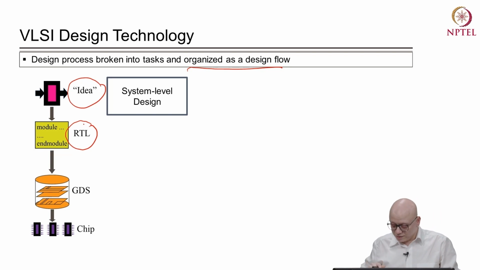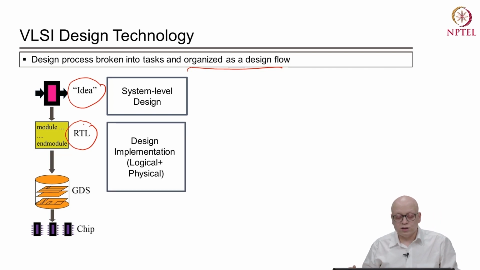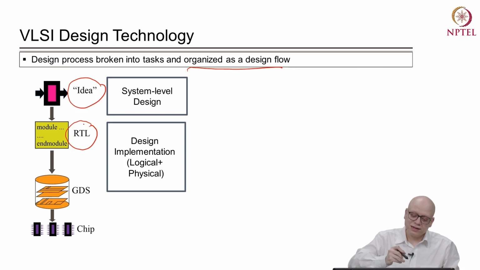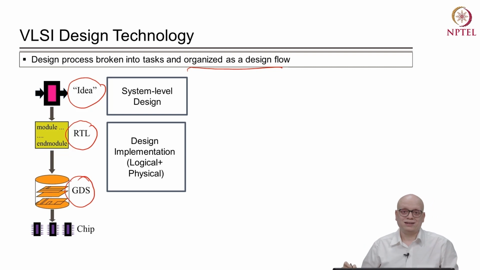And then we subject this RTL design to the implementation flow in which we decide the logical view of the design and also take it through the physical design step, and at the end of it what we get is a layout in the GDS format.